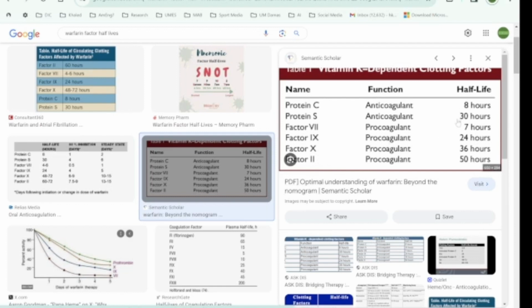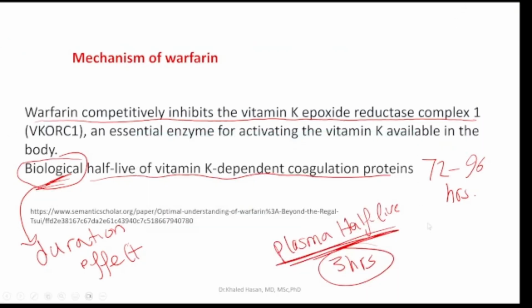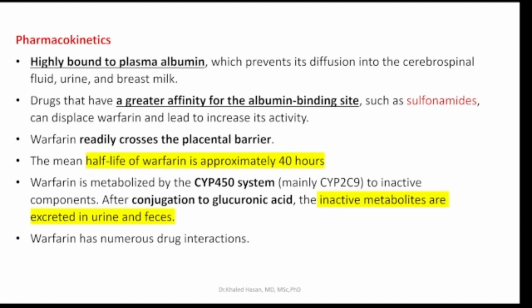The half-lives for this group are 7 hours, 24 hours, 36 hours, 50 hours. So in this case, we are talking about a long effect. So warfarin has a long effect by inhibiting these factors.